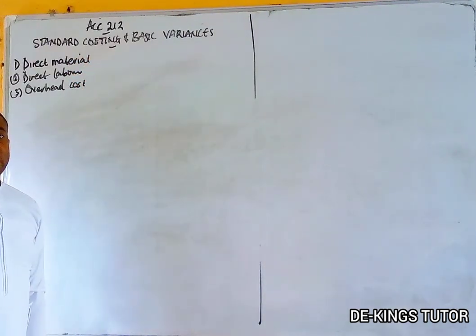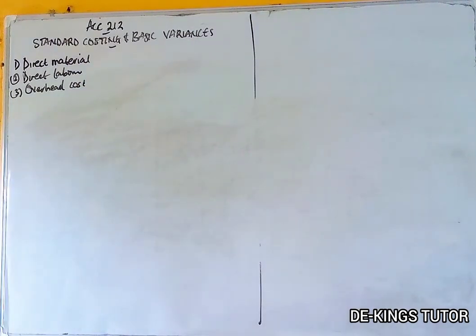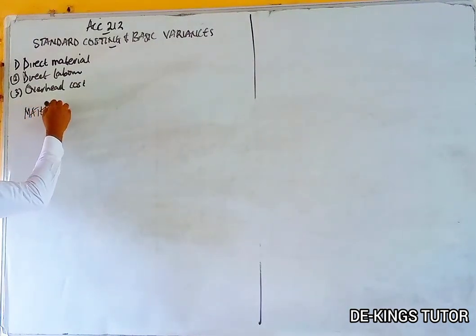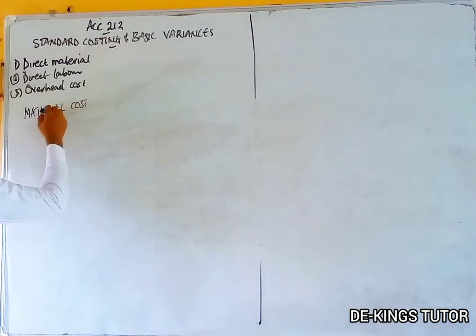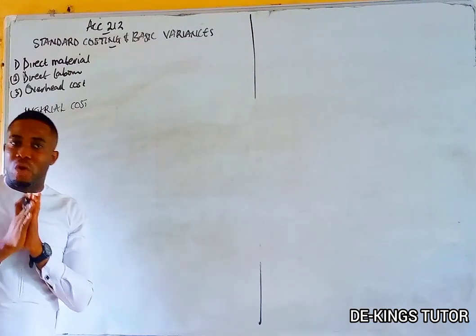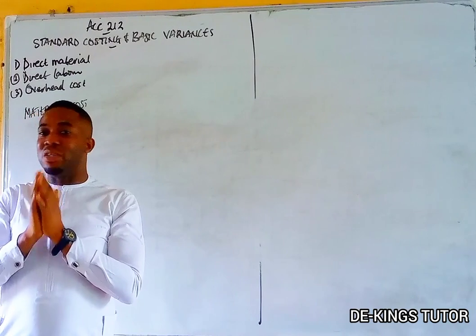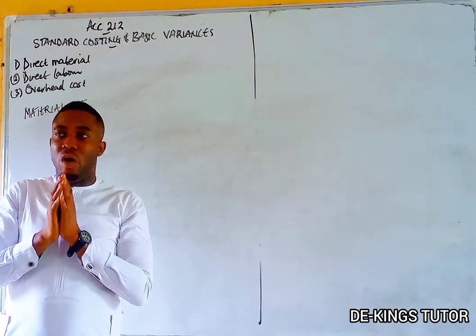And this is where we are going to see the formulas and also see a question on them. Now the first one is the material cost. Now, how do they determine the cost of material? Please follow me.